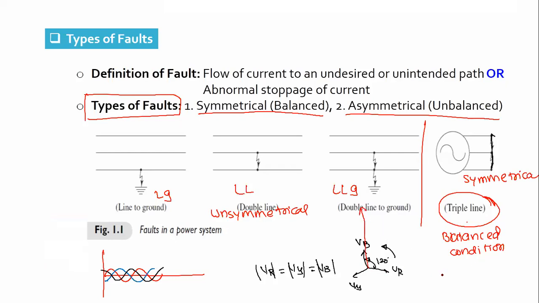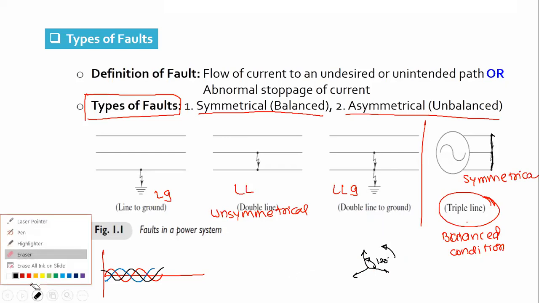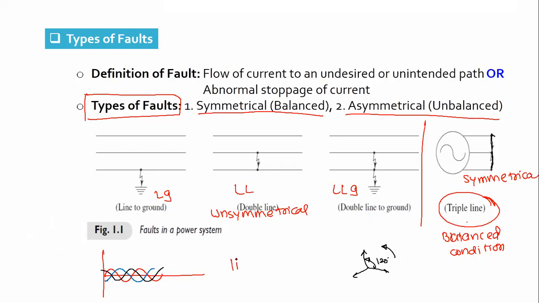Let me draw it for the current rather than voltage. Let's say IR is equal to IY is equal to IB, and these are the currents under normal conditions.